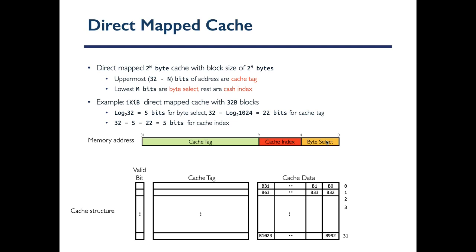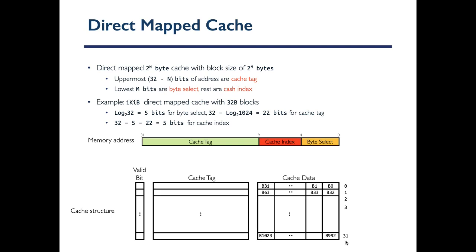So this is basically all my cache, sort of, right? Each block has 32 bytes. These are the data that I have. And then I will have 32 of them, 32 blocks. So 32 blocks, each block 32 bytes. That would be 1 kilobyte of cache.